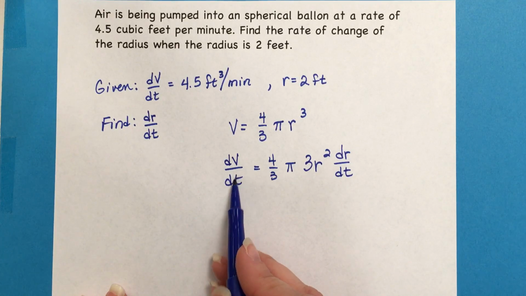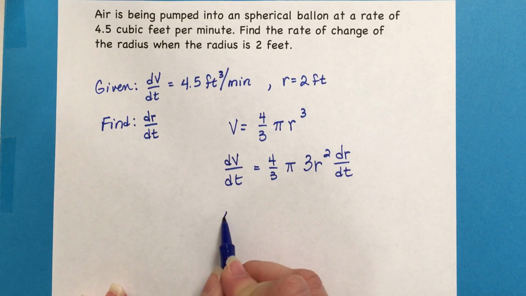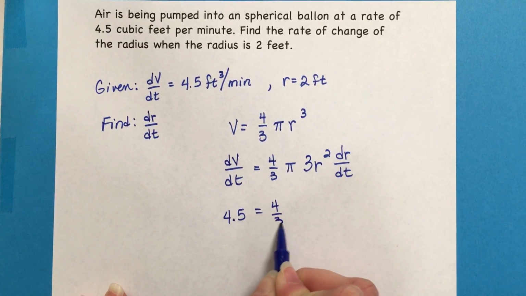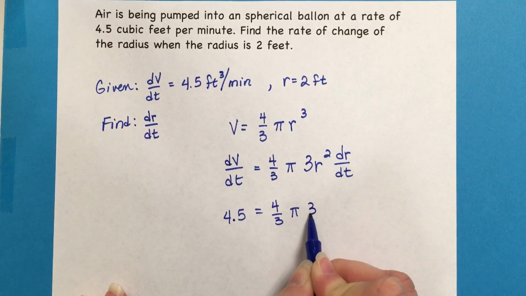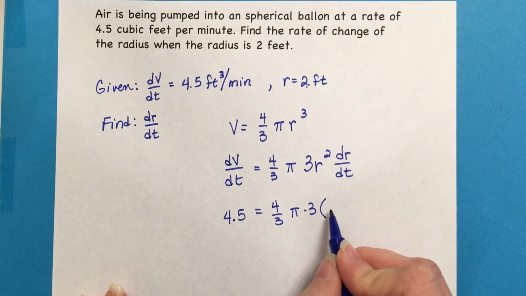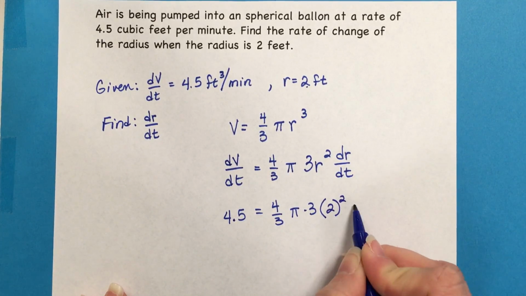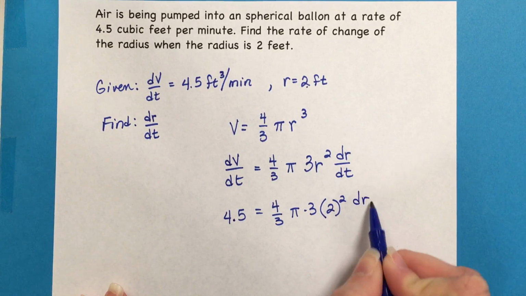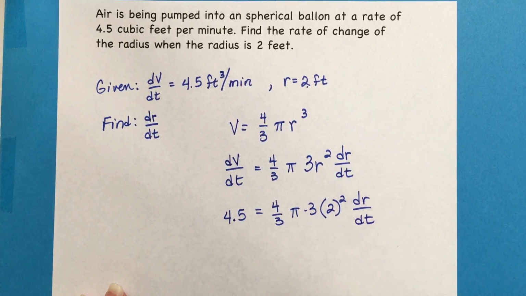We know that the rate of change of our volume is 4.5. And we're looking at this when the radius reaches 2. And of course, we're trying to find dr/dt, so I don't have anything there to plug in.